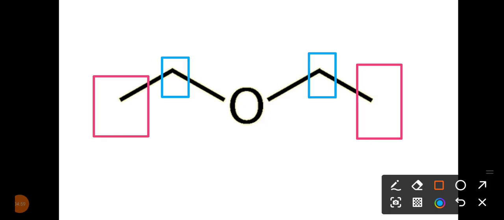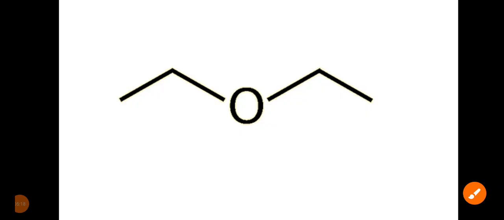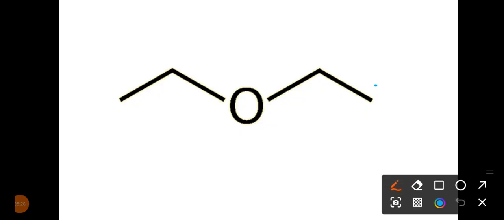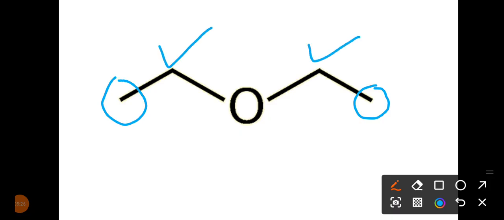But our question is not the signals, our question is what the multiplicity is. I think you are clear with how many signals it is giving. Now we are seeing the multiplicity of those specific protons. Here this one is the CH3 and this is the CH2 protons.